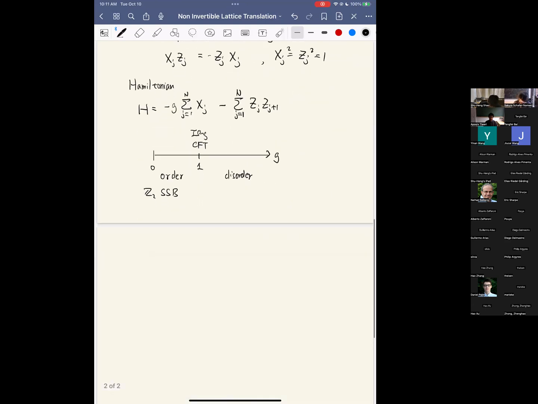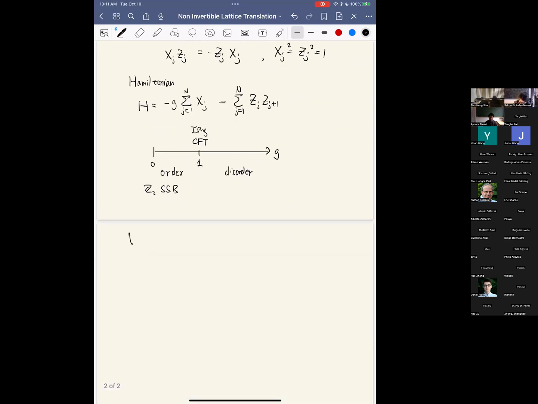Now let's analyze the symmetry of this model. For any g, there's a Z2 global symmetry. That's just a standard Ising flip symmetry. So I'm going to denote the charge operator or symmetry operator by eta, which is nothing but the product of the X_j's.